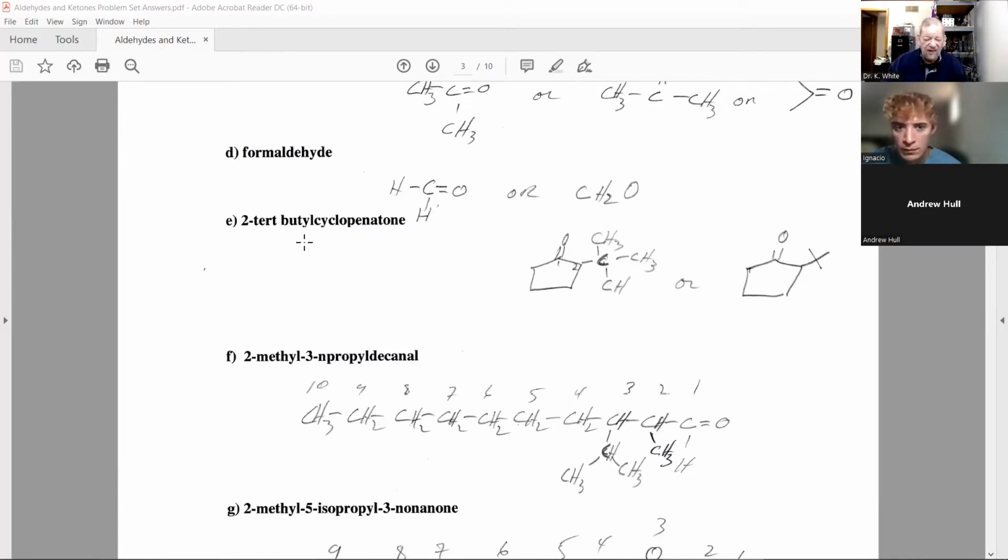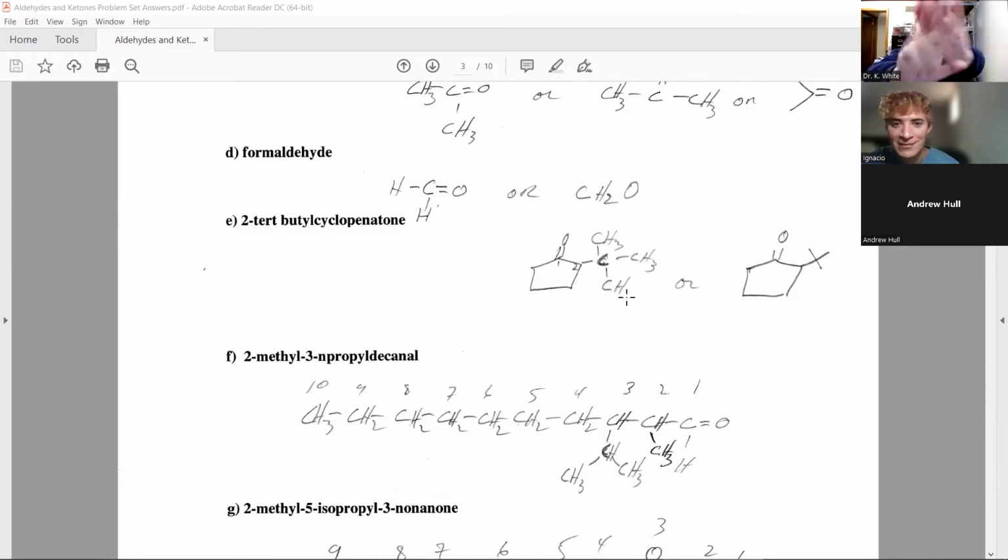And on carbon 2, that carbon is the carbonyl carbon. It's always going to be 1. Carbon 2, I have a tert-butyl group. Uh-oh. Don't look. I forgot a 3. See, I have CH3, CH3, CH. That should be CH3.